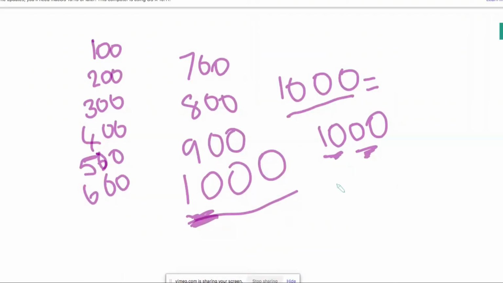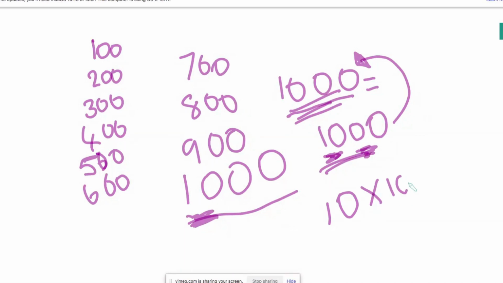Sometimes you might hear someone, maybe from a different country, say 10 hundred, and you now know that 10 hundred is exactly the same as how much? 10 hundred is exactly the same as 1000, because it simply means there are 10 hundreds, and we know that 10 times 100, or 10 groups of 100, is the same as 1000.